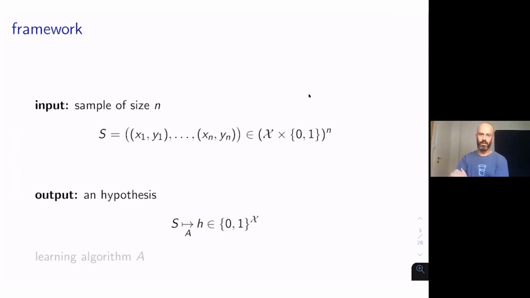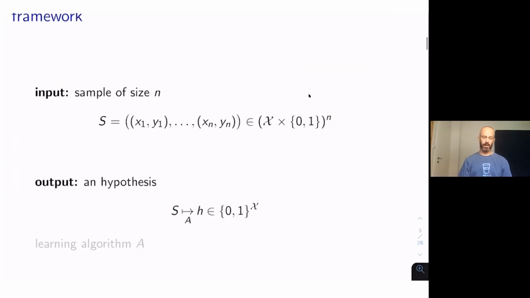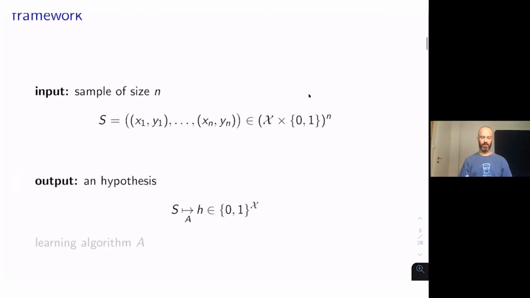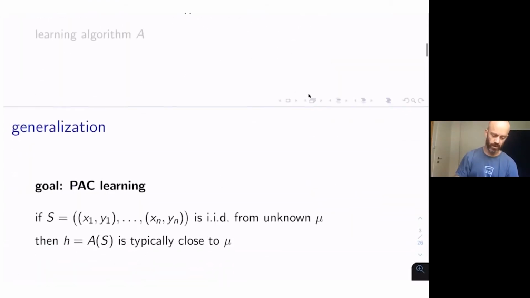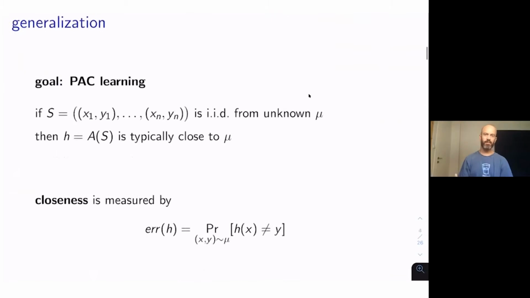Okay, so this is the framework we are working with, and it is a model for what happens in real life. And there are many objectives you can try to formally state here. I will say what PAC learning means, or the way PAC learning defines it, but first I will do it in a high-level way.